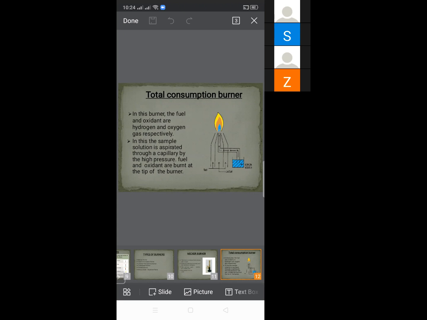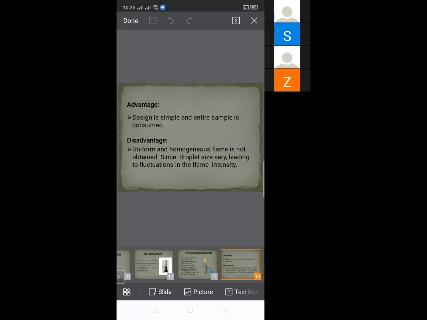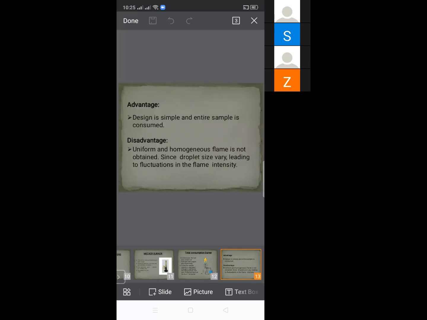When we talk about a total consumption burner, we can say that hydrogen and oxygen are generally employed as fuel and oxidant, and due to the high pressure of fuel and oxidant, the sample solution is aspirated through the capillary and burnt at the tip of the burner. And next, there are some advantages and disadvantages of the total consumption burner.